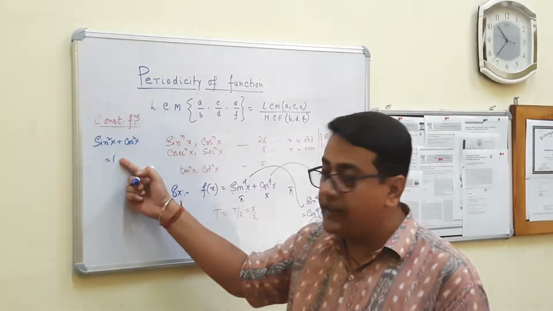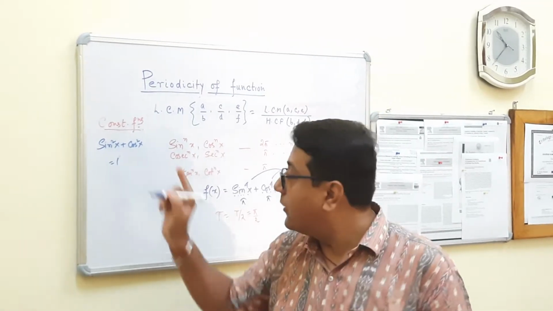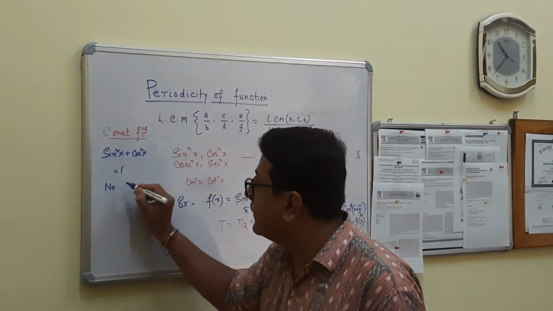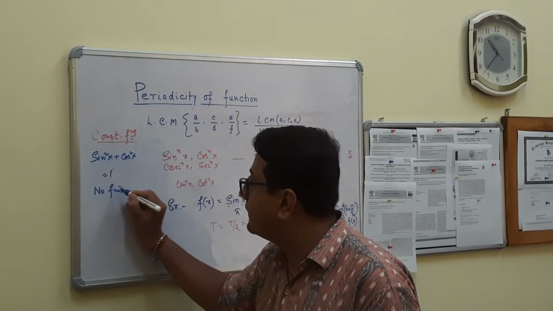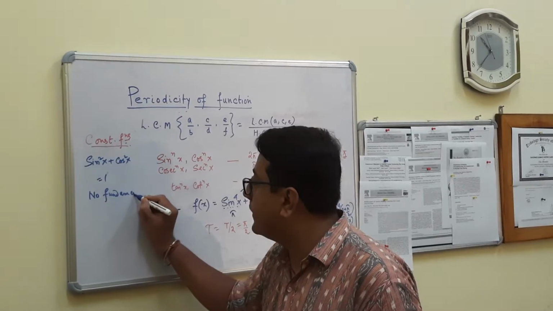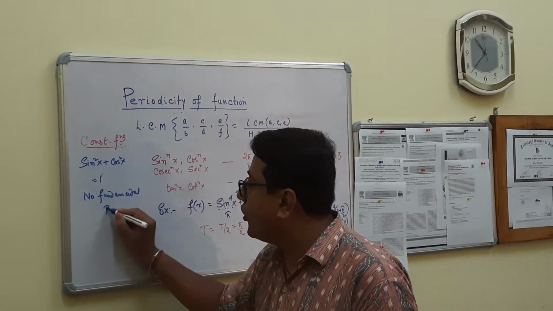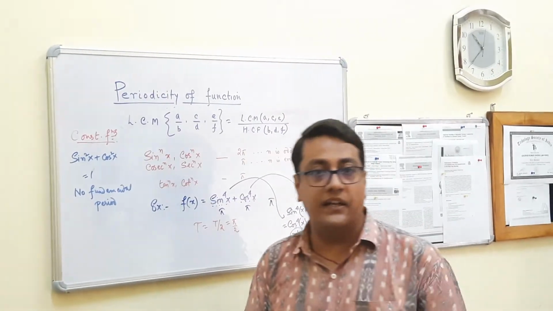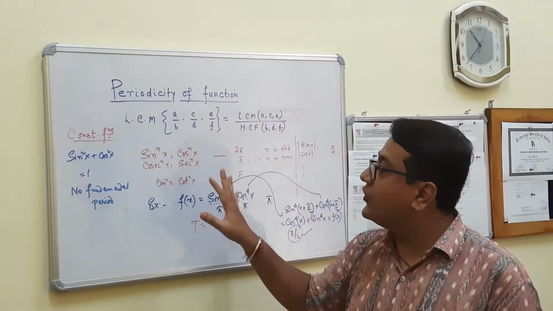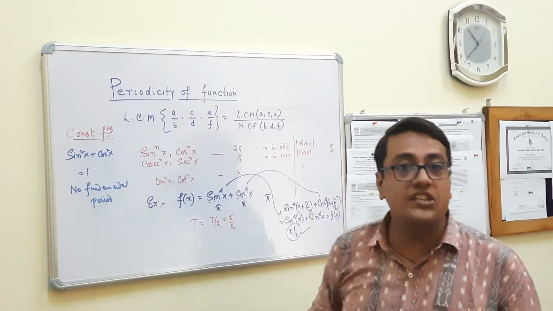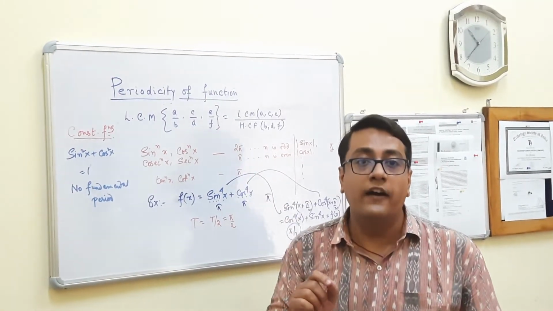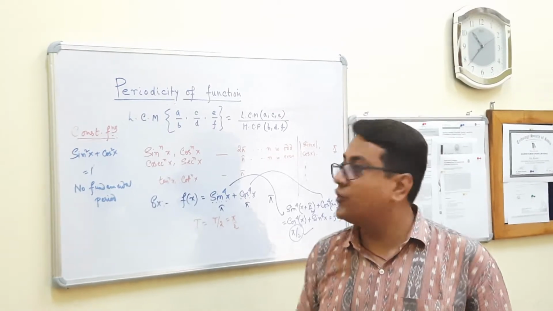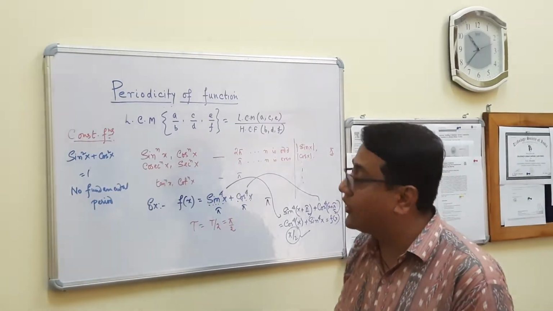Is it periodic? Yes, it is periodic, but there is no fundamental period. All constant functions are periodic, but they don't have any fundamental period. In this investigation, we always find the fundamental period.